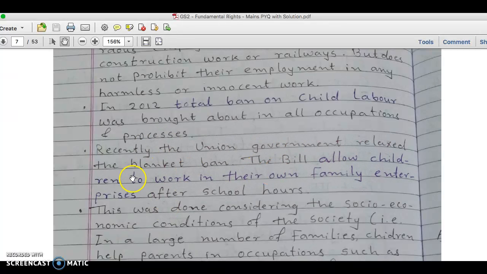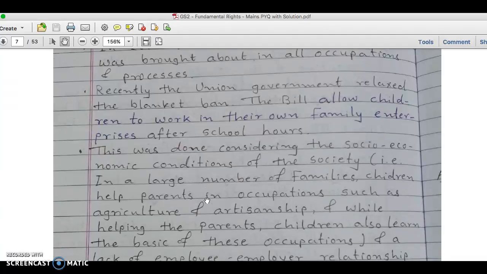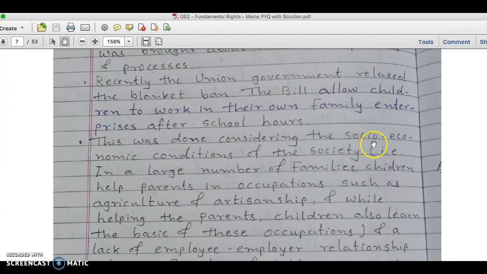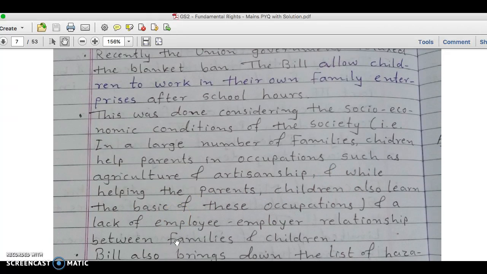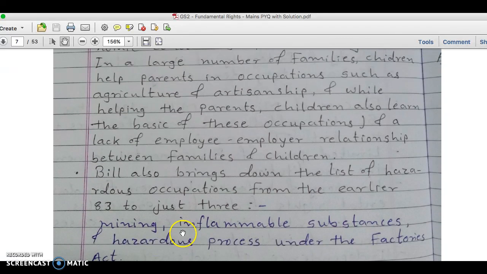The bill allowed children to work in their own family enterprise after school hours. This was done considering the socio-economic condition of society, that is, in a large number of families, children help parents in occupations such as agriculture and artisanship. While helping the parents, children also learn the basics of this occupation, and there is a lack of employee-employer relation between families and children.